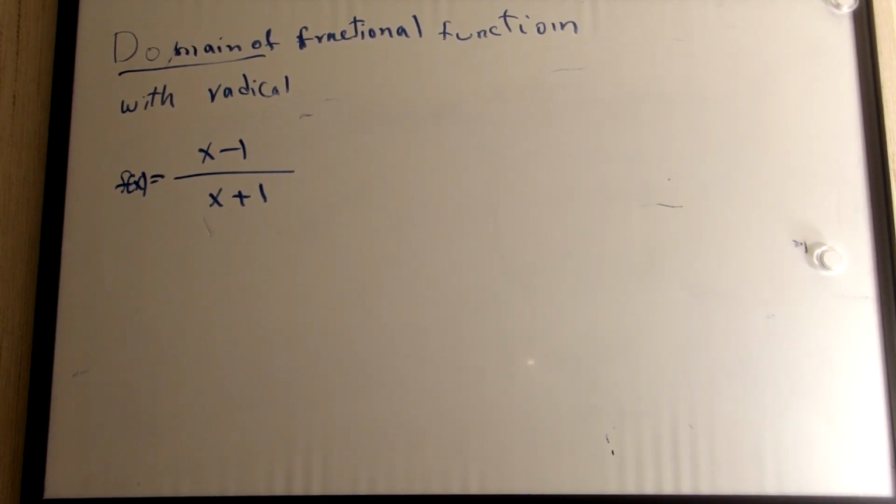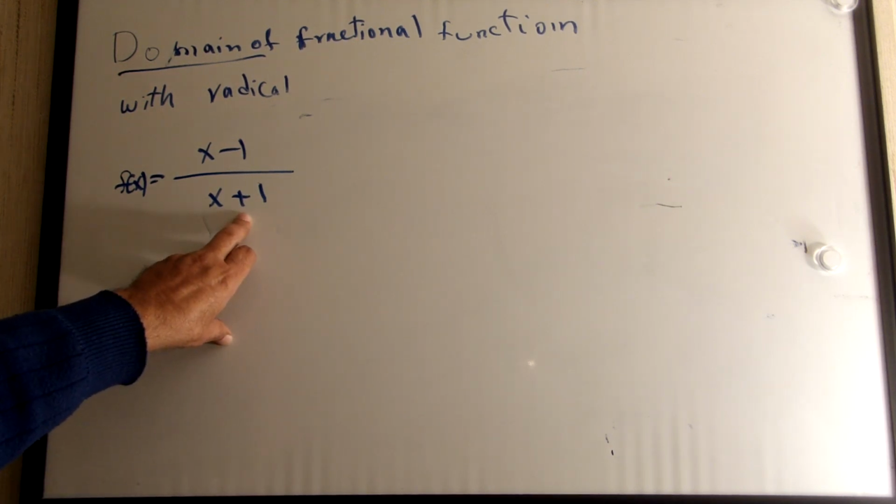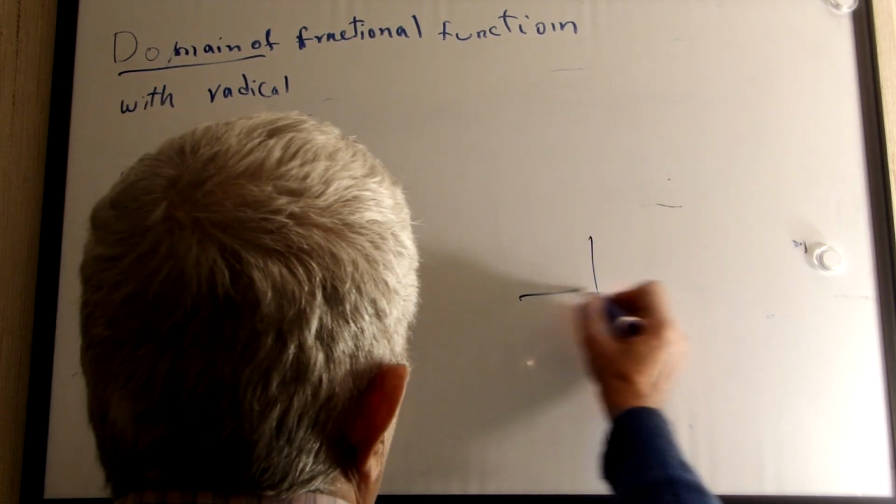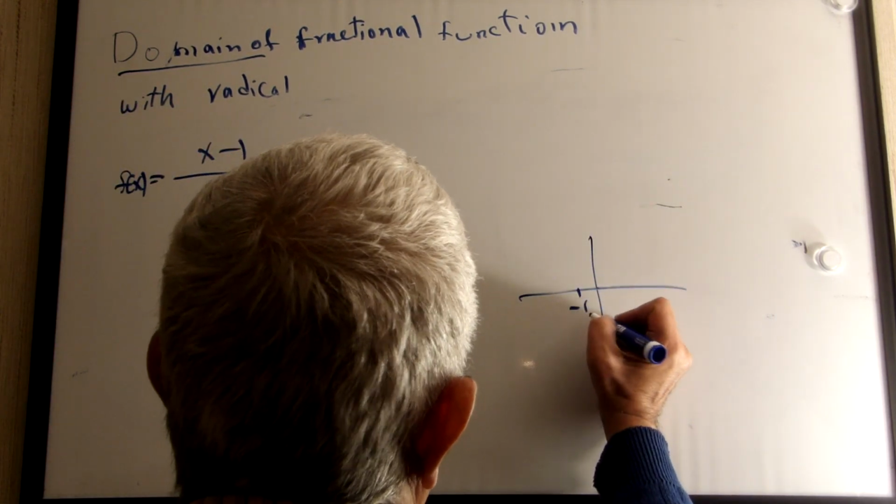If you want to find the vertical asymptote, you just set the denominator to 0. See, it's going to be x equals minus 1.